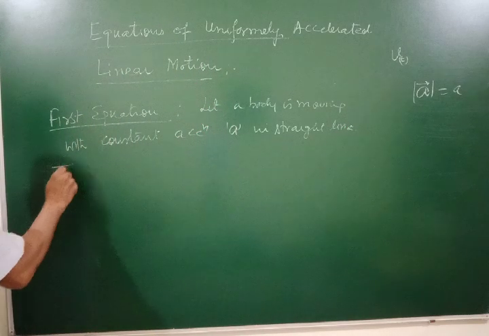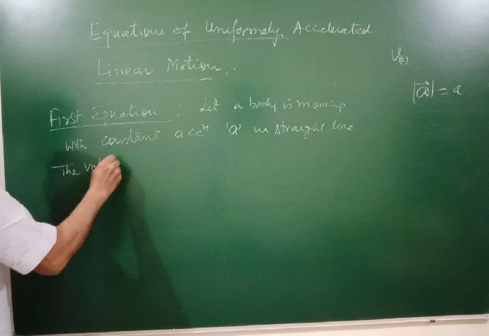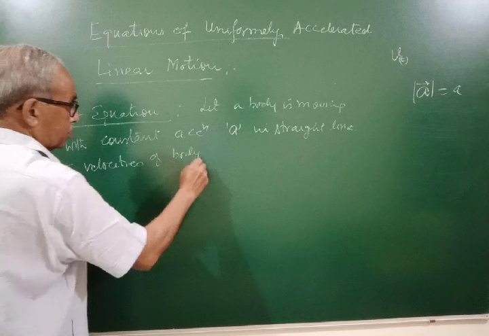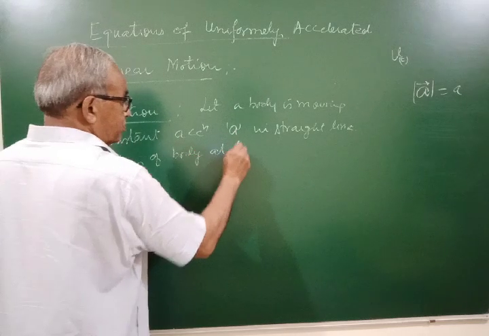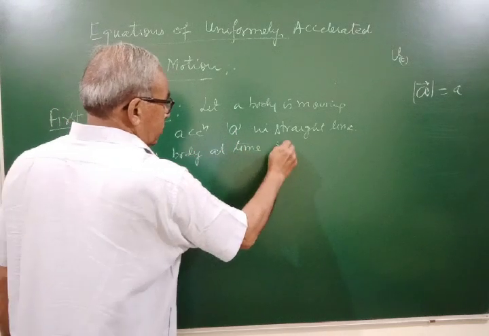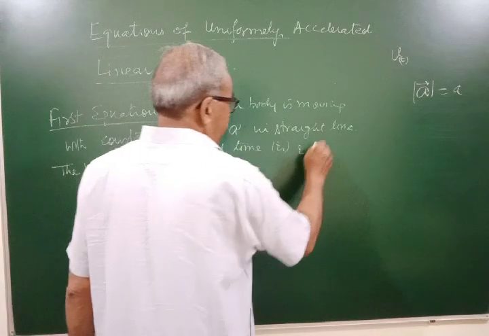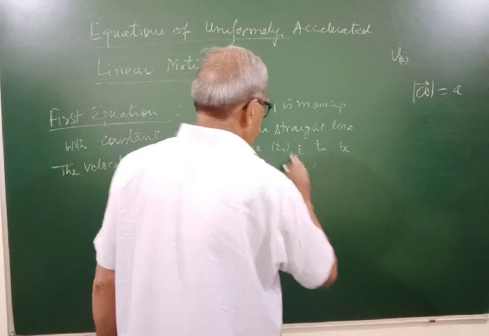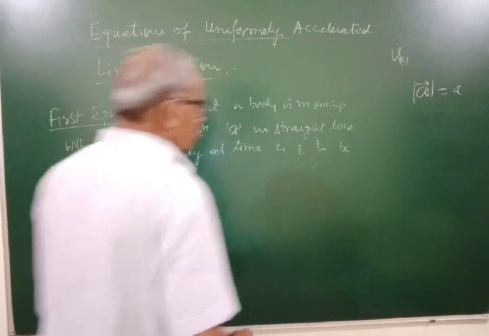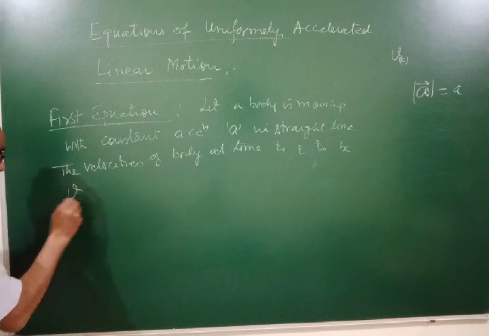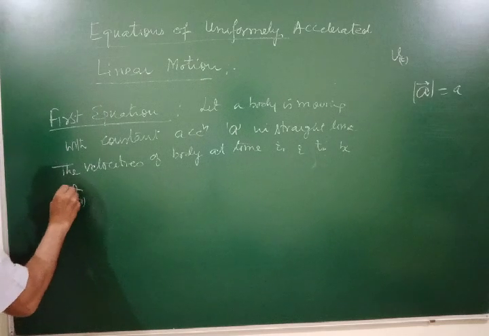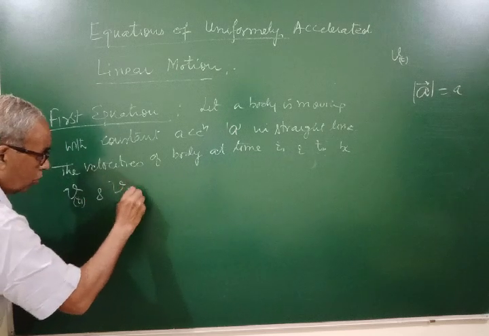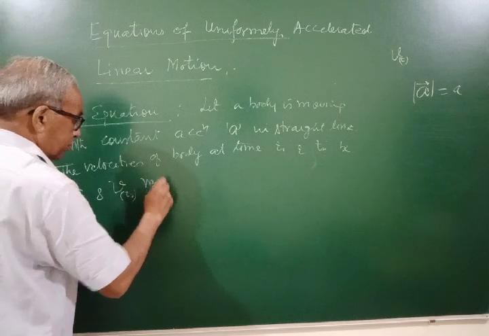The velocity of the body at time t1 and t2 be Vt1 and Vt2 respectively.